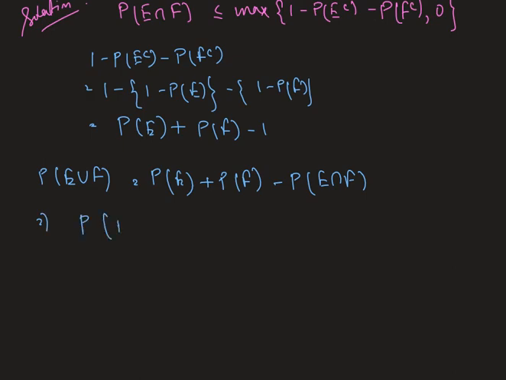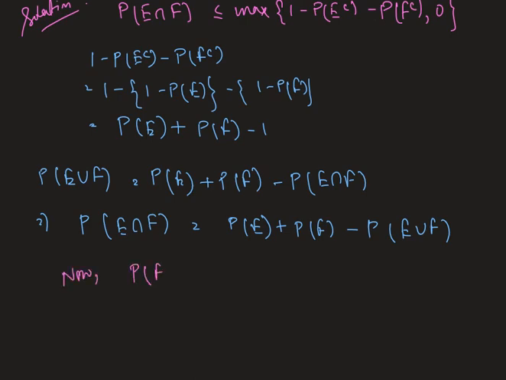If we take probability of E intersection F to the left hand side, and E union F to the right hand side, then we get probability of E intersection F is equals to probability of E plus probability of F minus probability of E union F. Now we know that probability of E union F is less than equals to 1.